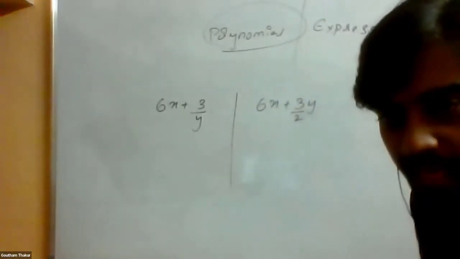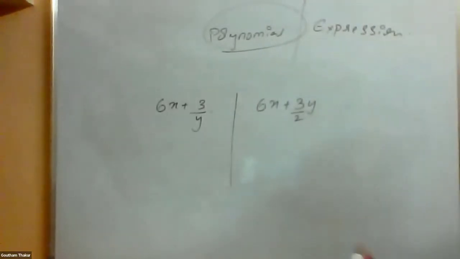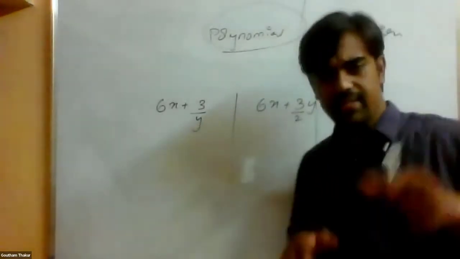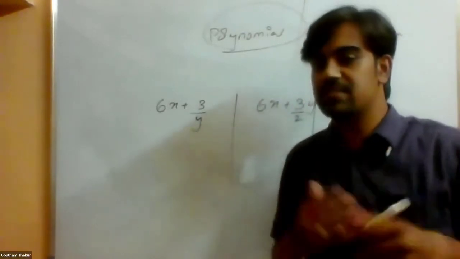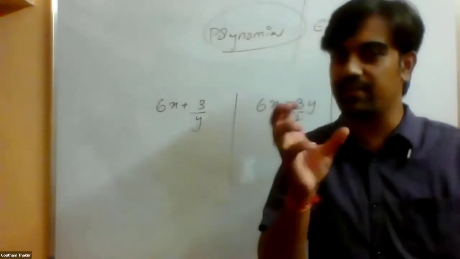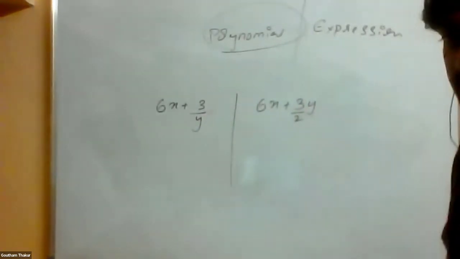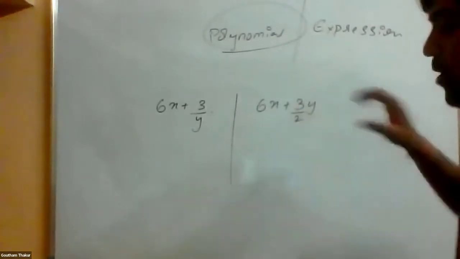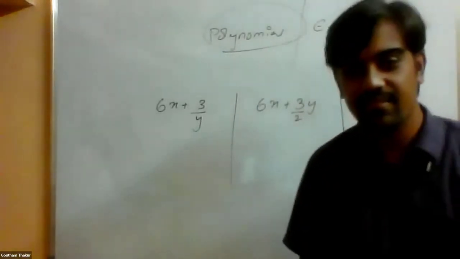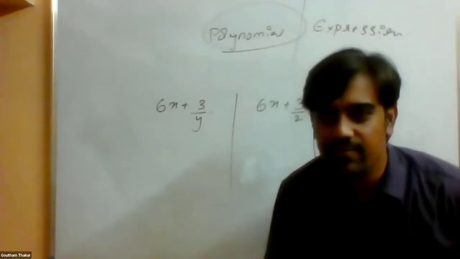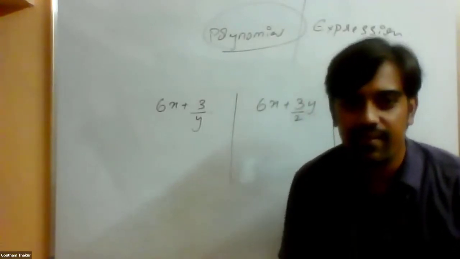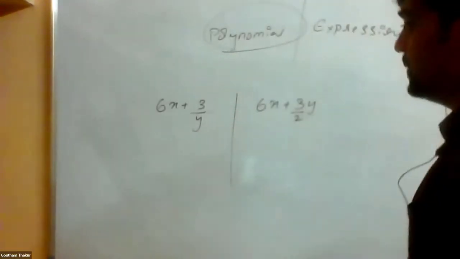Okay. One or more than one term is called a polynomial. Yes, it's a polynomial. But we have some kind of special feature. I'm expecting that answer. What is that special feature for a polynomial? Yes? Anyone? Okay, I would tell you.